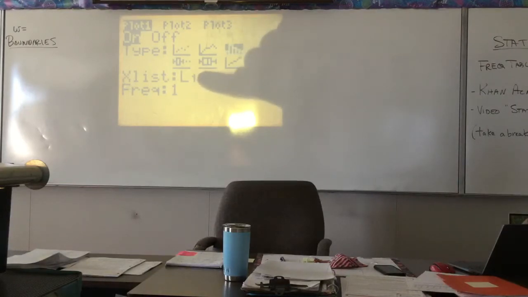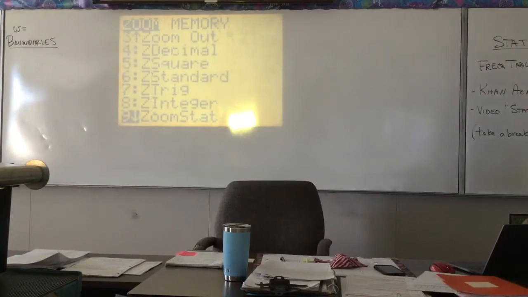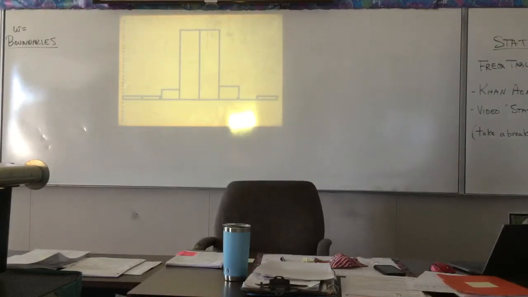It's already referencing L1. Then to make it draw your histogram, you will hit zoom, and you can just hit 9 on the calculator, but just so you can see this time, it's zoom, stat down here. And then it will draw a histogram for you.